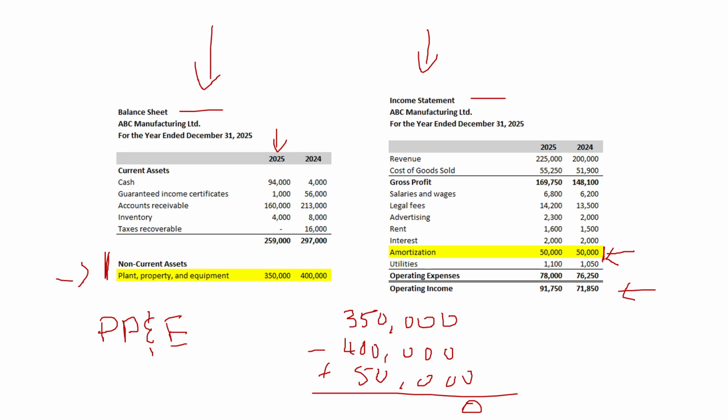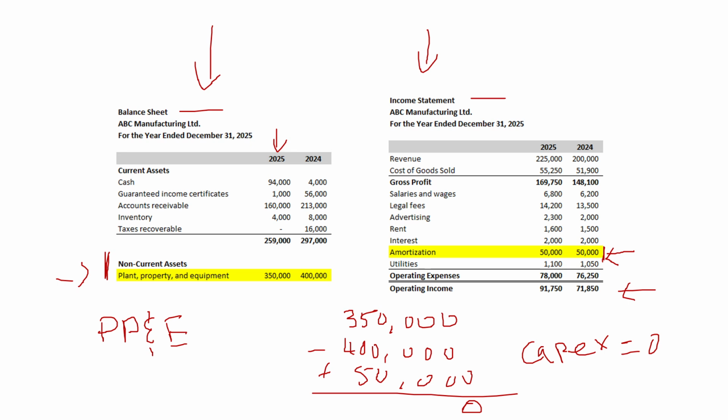So in this scenario, CapEx is equal to zero. And when CapEx is zero, unfinanced CapEx is zero. The only way you can have unfinanced CapEx is if you have CapEx in the first place. All right, so that's a very easy calculation, right? You just need to know where to look on the balance sheet and the income statement.